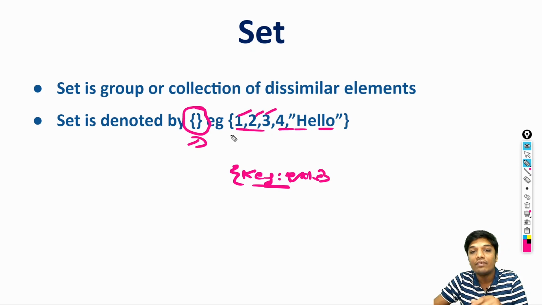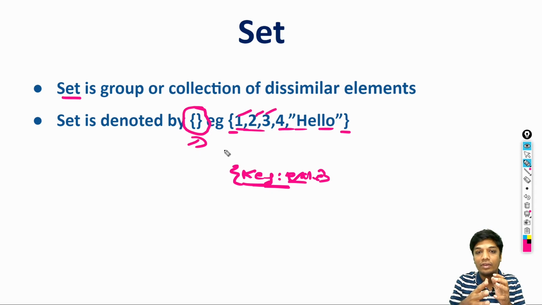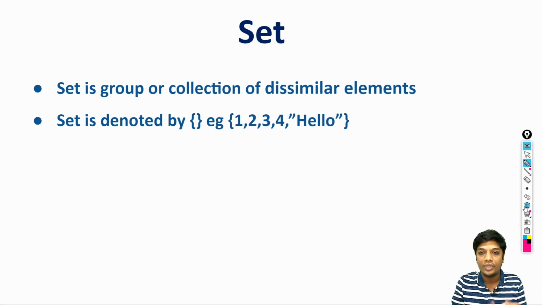If you provide curly brackets with a group of elements, it's a set. If you provide curly brackets with key-value pairs, it's a dictionary. The way we denote a set and a dictionary is similar, but the data inside is different, and that is how Python differentiates them.